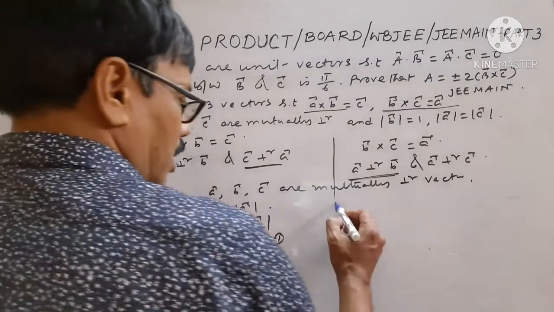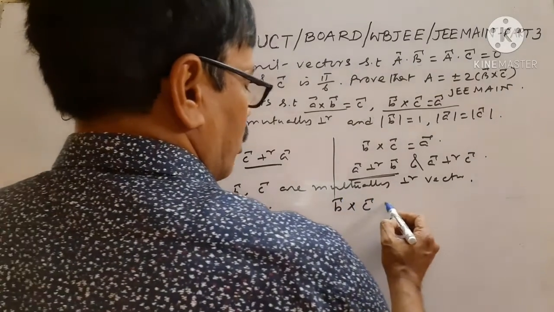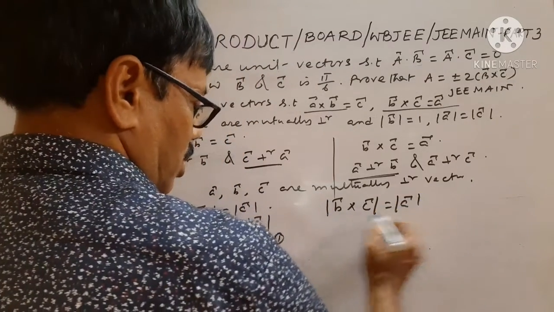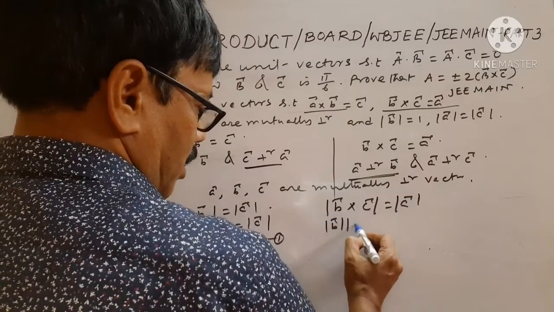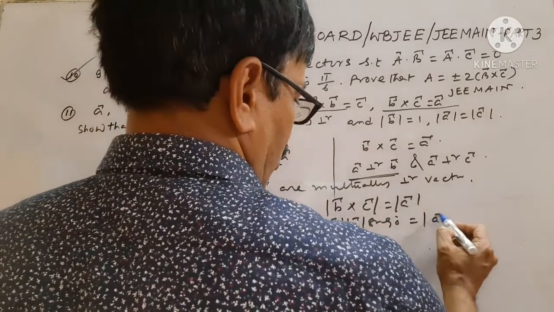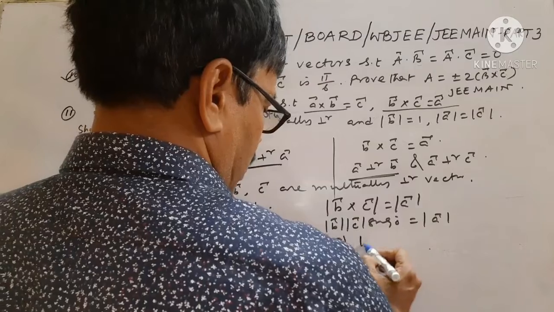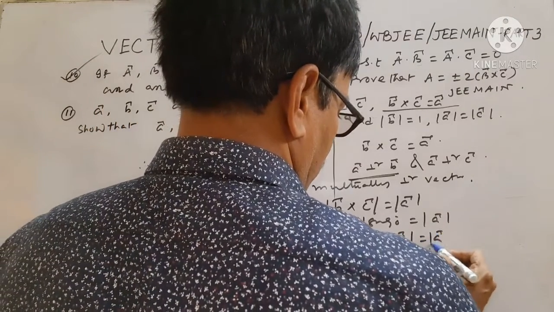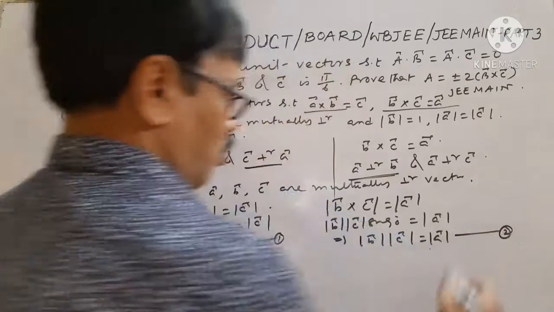Again, B cross C equals A. So take magnitude. So magnitude of B, magnitude of C, sine 90 equals magnitude of A. So magnitude of B, magnitude of C equals magnitude of A. So this is 2.